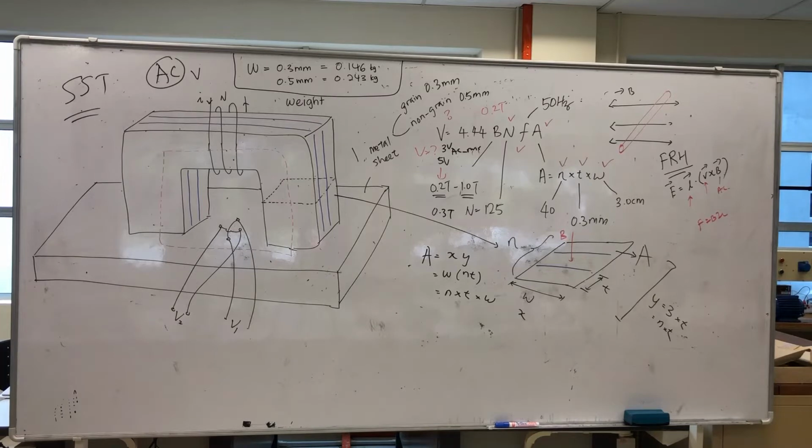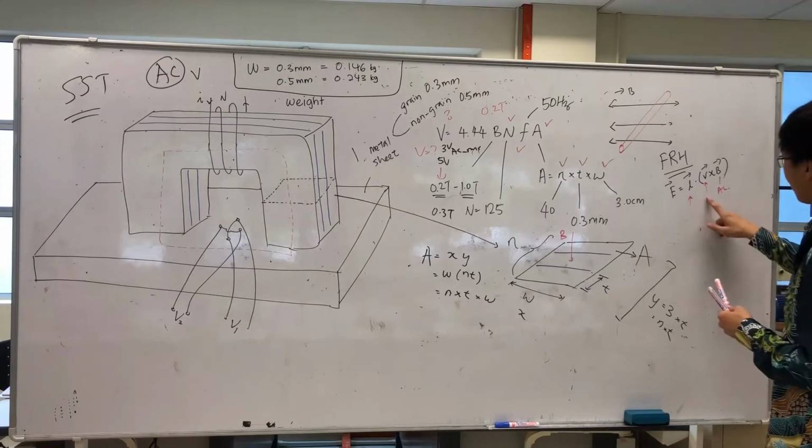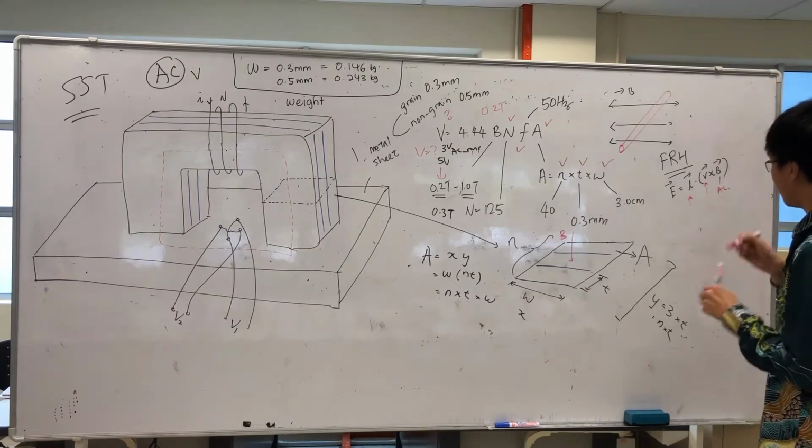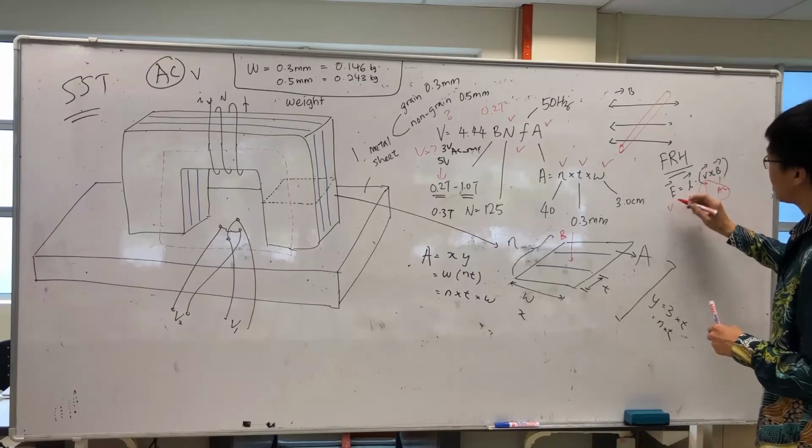If my B is AC, we are using Fleming's right-hand rule because the velocity is already occupied by the AC here. So we have the length, so we can generate EMF.